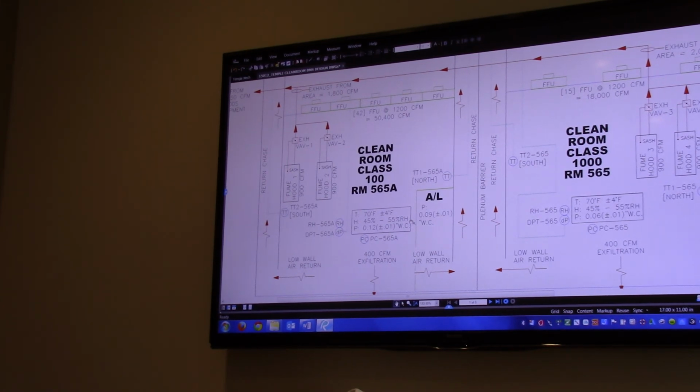So pressure-wise, the class 100 is a higher pressure than the class 1000 space? No, but in comparison to the room itself, the space in the room, that's the pressure. You're talking about the fume hood in particular? Yes, inside of the hood it is going to be obviously negative, right? We didn't put those hoods in.